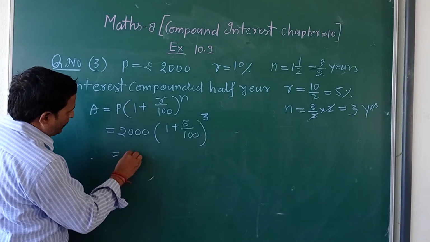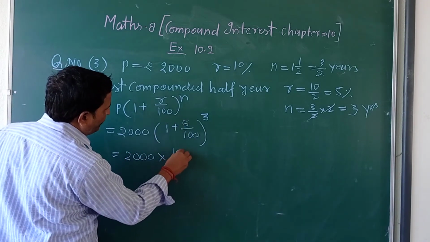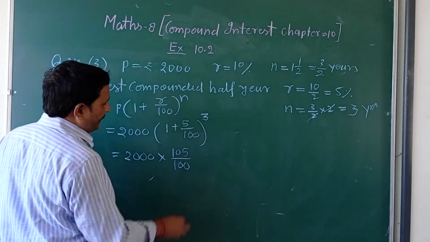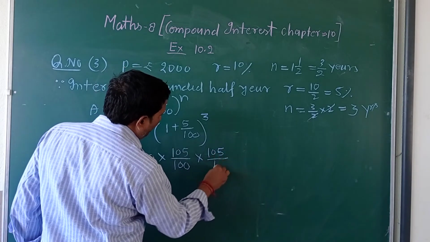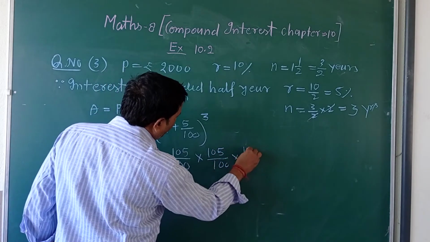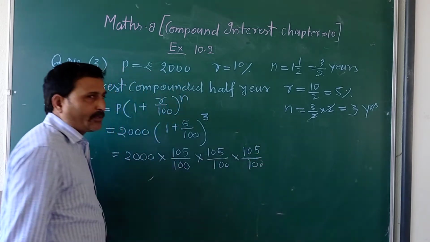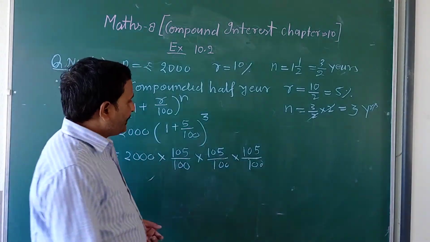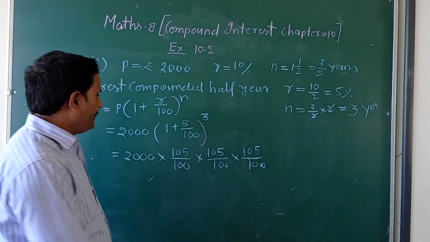Now 2,000 into 105 upon 100. How many times? 3 times: 105 upon 100, 105 upon 100. Don't worry, your multiplication and division calculation may be a little longer, but the process is easy.